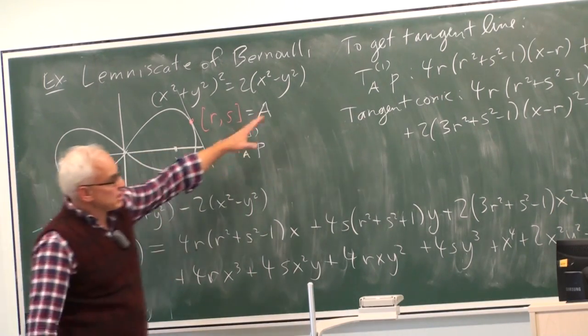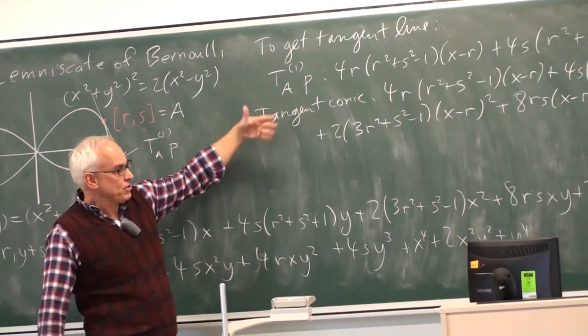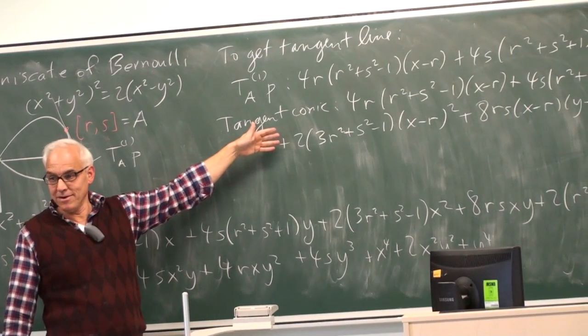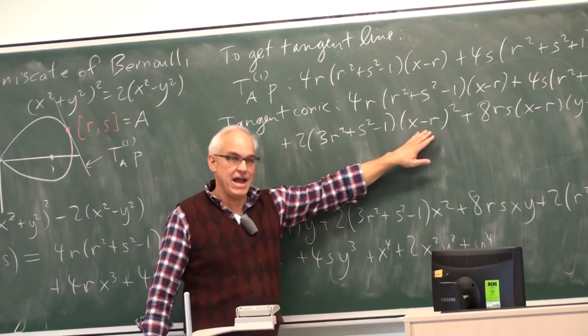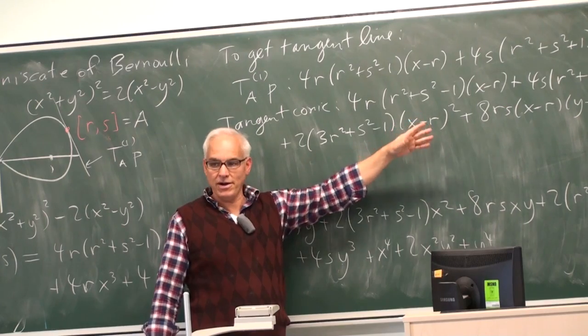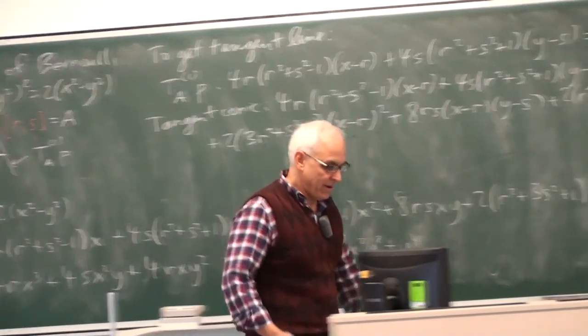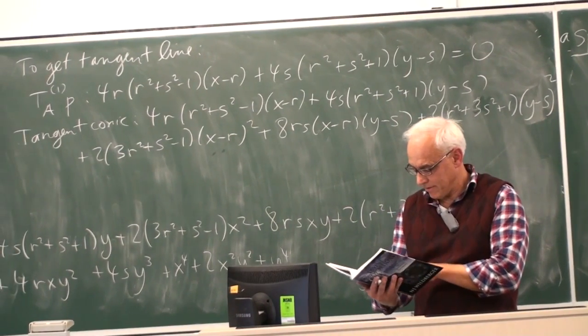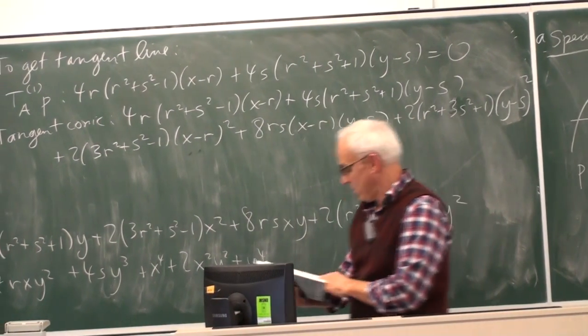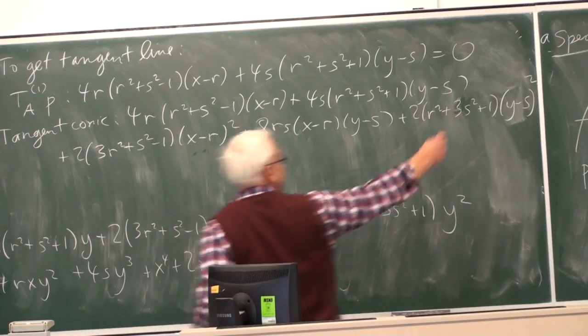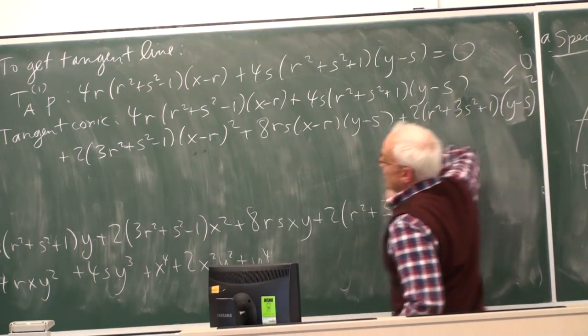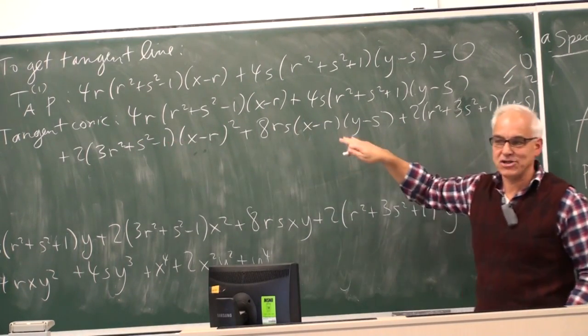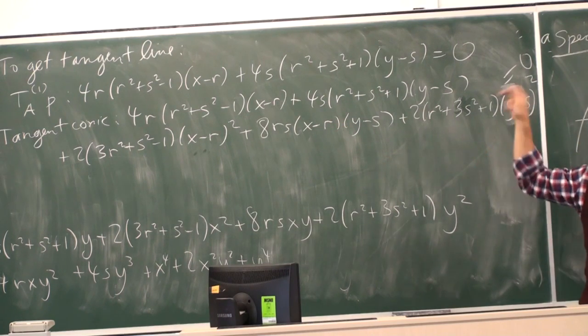Okay, so we have this expression for the tangent conic. Of course, we could simplify it by expanding x minus r squared and so on and collecting all terms. I've done that. We should set this equal to 0, right? The actual tangent conic is what you get when you take all of this and set it equal to 0.